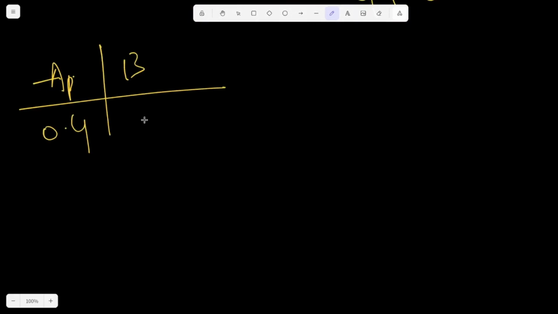So we have apples, we have bananas, and we have a precision of 0.4 for apples and a precision of 1 for bananas. And you have these results and you want to present your model to someone and you're explaining them.